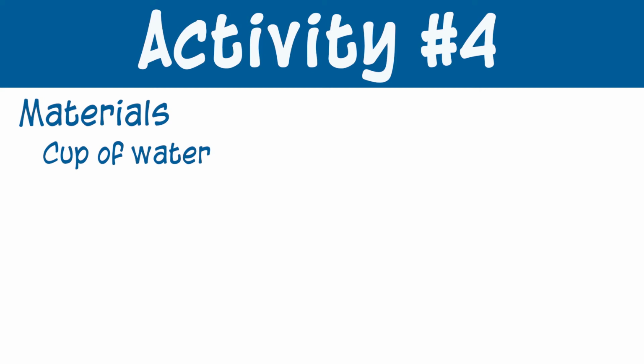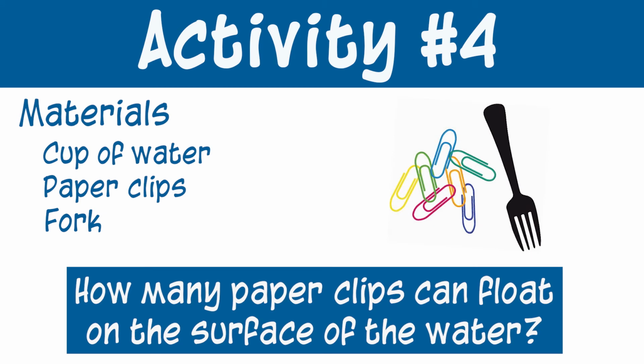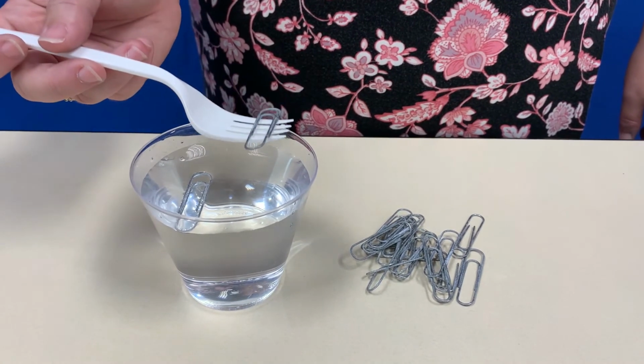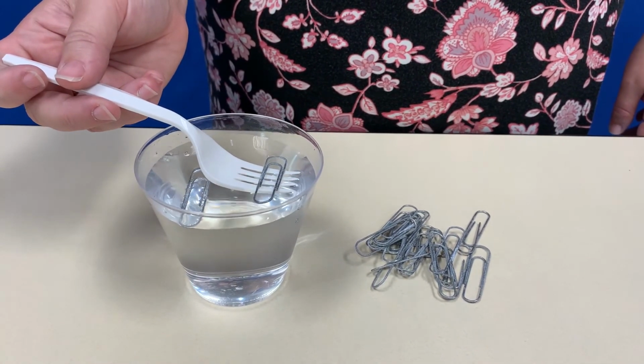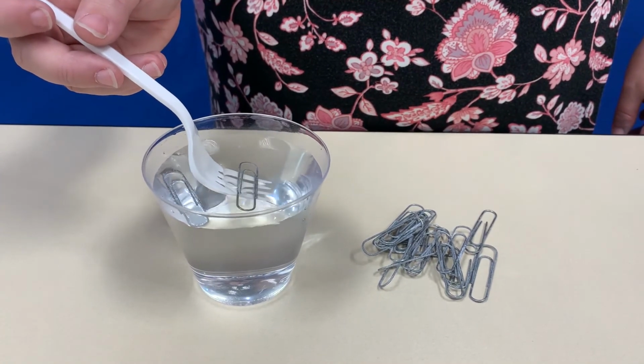For our last activity, we need a cup of water, some paper clips, and a fork. And we're going to see how many paper clips we can get to float on the surface of the water. Place the paper clip on top of the fork and then slowly try to get it to float on top of the water.